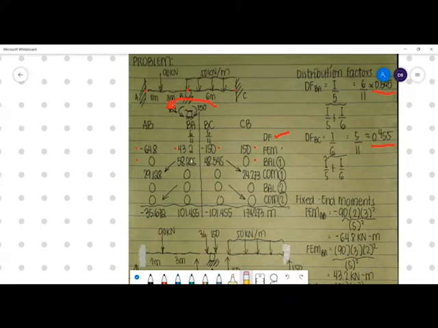That will be equal to 58.255. Okay, so we now have the balancing moment in BA.